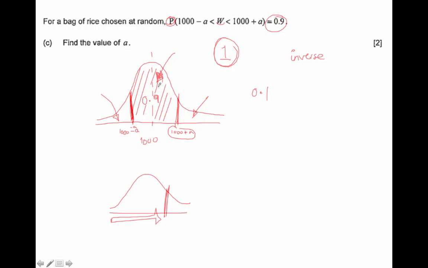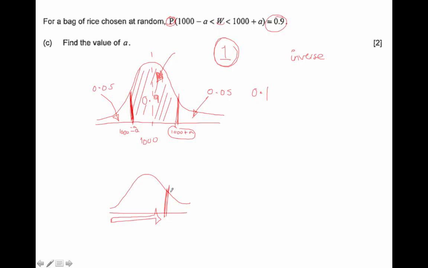And we know that the normal distribution is symmetrical. So if I want to have 0.1 outside of this area, then I need to have 0.05 at this end, and I need to have 0.05 at this end, because it's got to be symmetrical. So that was the key point, really. You had to think about how the whole population was distributed either side of the 0.9.